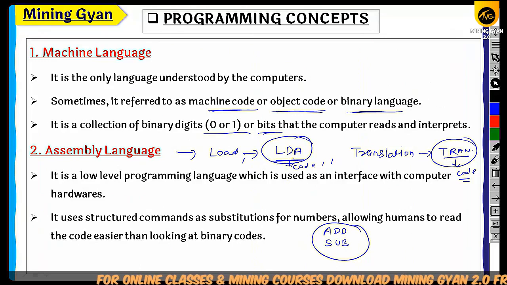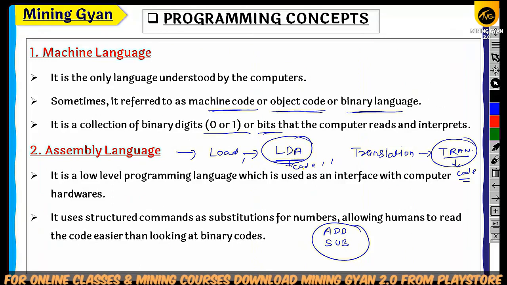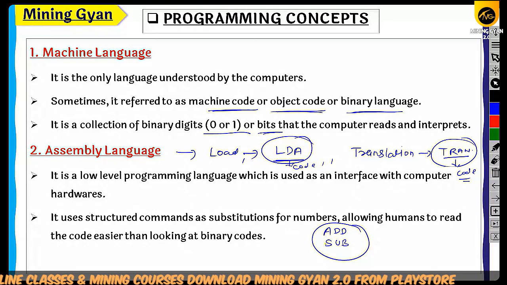So we have to convert LDA, TRAN, ADD, SUB into machine language. That's why we use a tool called an assembler, which can convert the assembly codes into machine language binary bits.